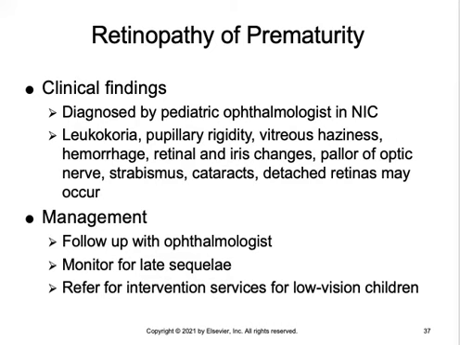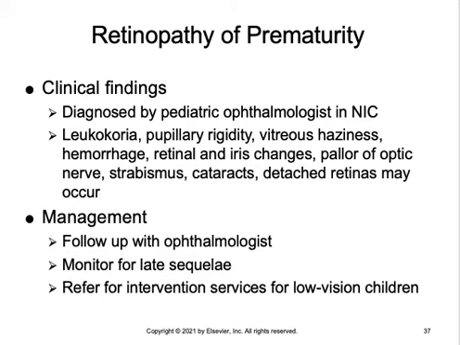The clinical findings are a haziness to the vitreous humor, hemorrhage, retinal and iris changes, some strabismus, cataracts. So there are all kinds of different clinical findings that can occur based on the severity of the retinopathy of prematurity.